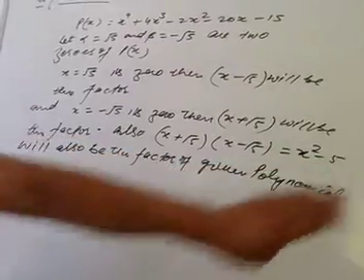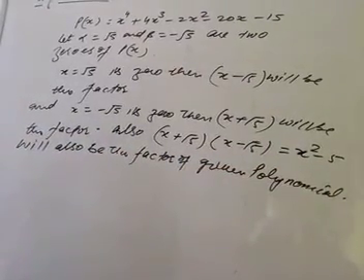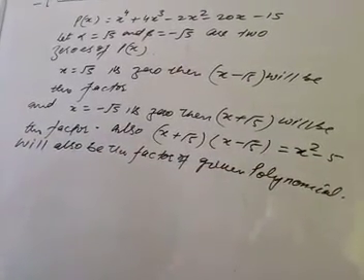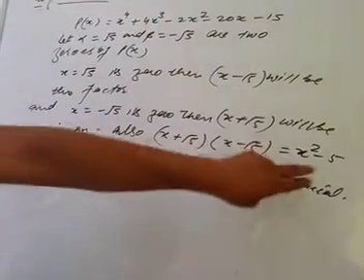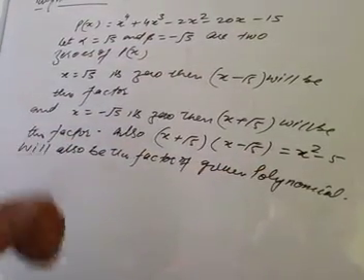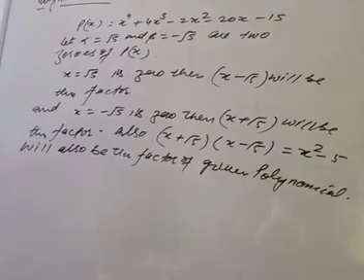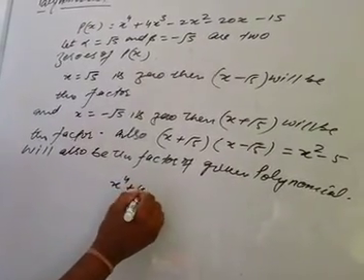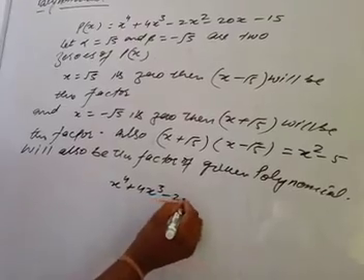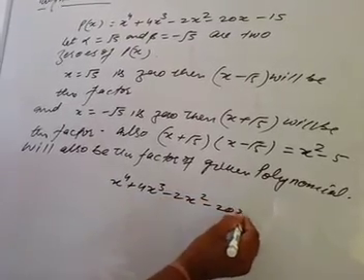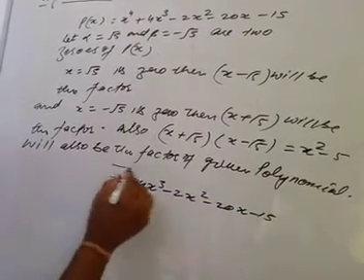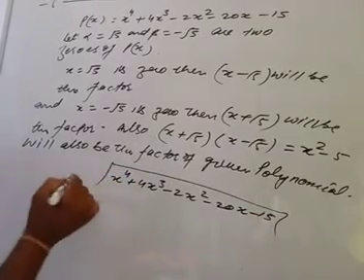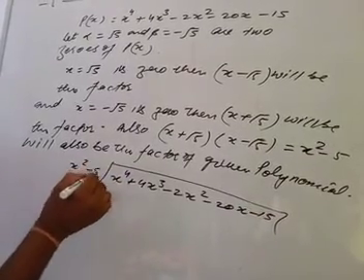And if this is a factor of the given polynomial, it means when we divide the polynomial by this one, we get remainder 0. After that we will divide x power 4 plus 4x cube minus 2x square minus 20x minus 15 by x square minus 5.